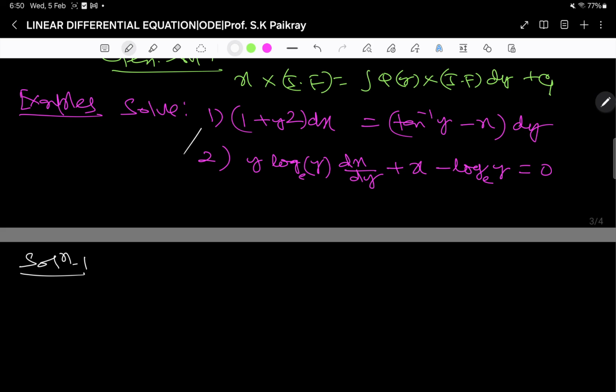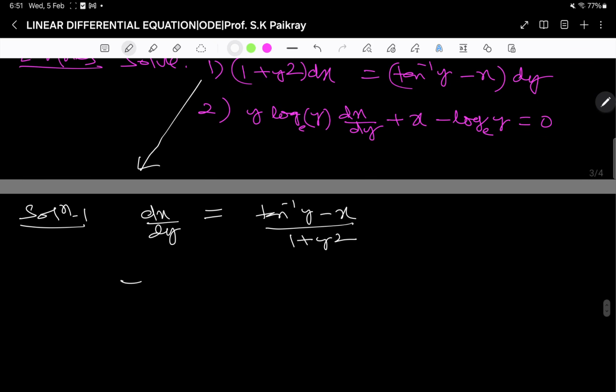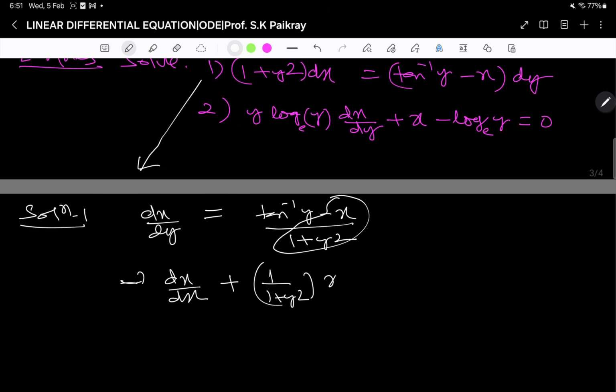So let us solve some examples. So coming to the solution of 1. So here dx by dy will be tan inverse y minus x by 1 plus y square. Okay, so that means dx by dy, bring this to this side, it is plus 1 by 1 plus y square into x, and the remaining term is tan inverse y by 1 plus y square.